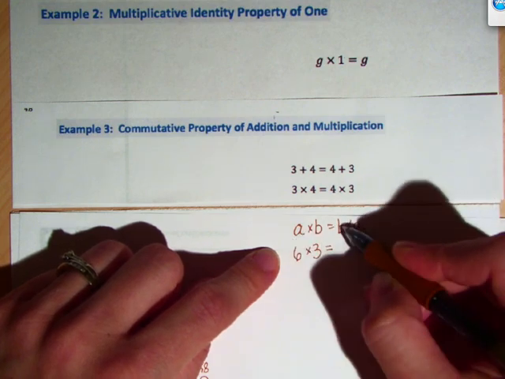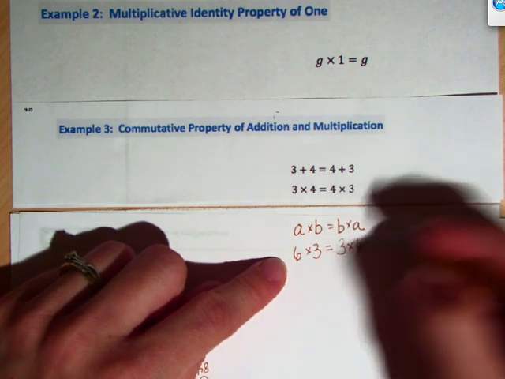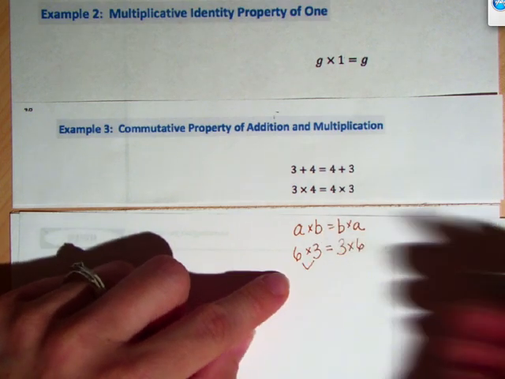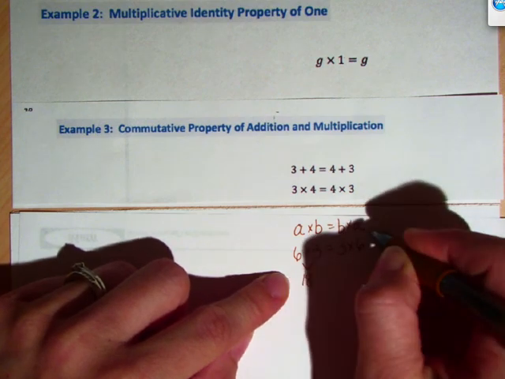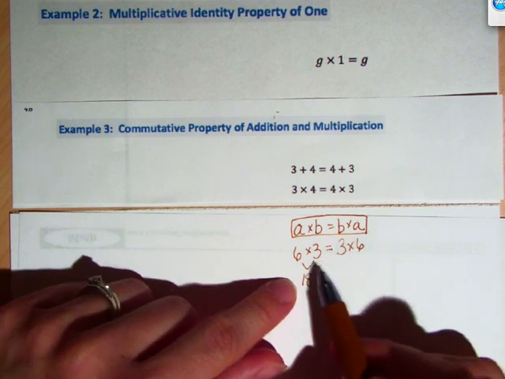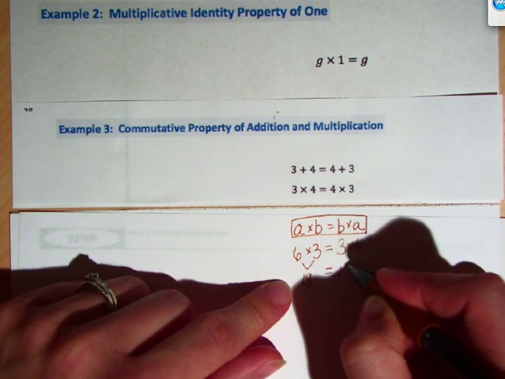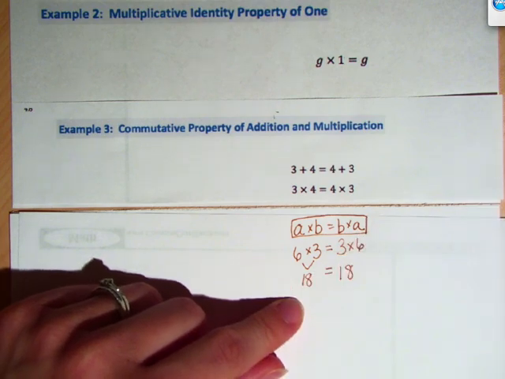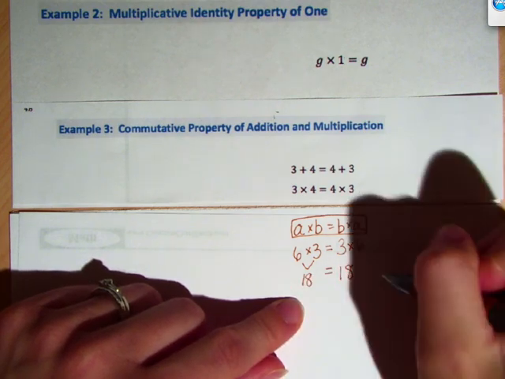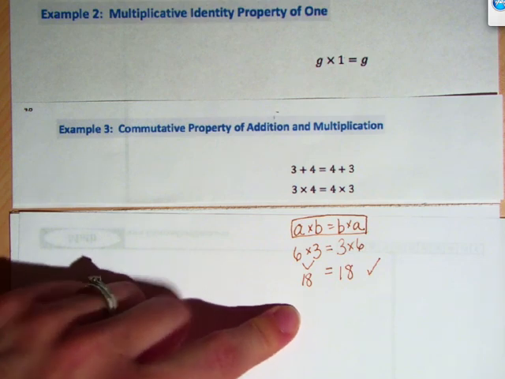So B was 3 times A was 6. Okay. 6 times 3 is 18. I keep forgetting to box that this is my original problem. I'm substituting here. Okay. 3 times 6 is 18. 18 equals 18. Is that true? Yes.